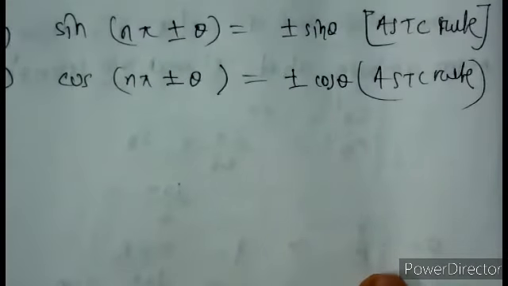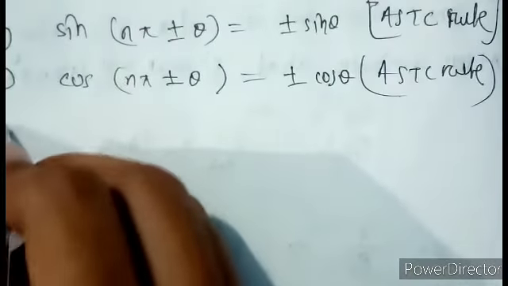This is the logic. In the earlier formula, sin of (2n plus 1) pi by 2 plus or minus theta, as there comes pi by 2, the function converts to plus or minus cos theta. But as there is pi, the function stays the same, plus or minus sin theta.